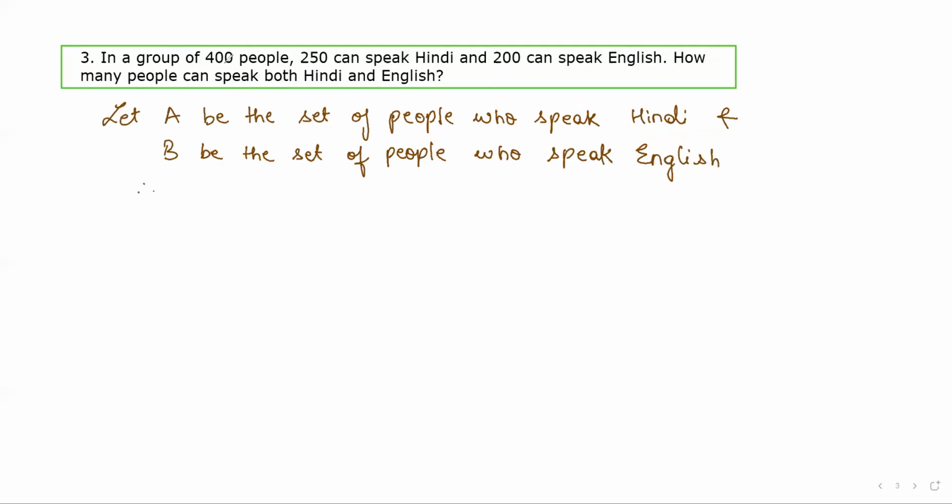Therefore, the group is 400 people. So the total group is mentioned, which means n(A union B) is given to you as 400. Apart from this, n(A) will be equal to 250 and n(B) will be equal to 200. You have to find out how many people speak both Hindi and English.